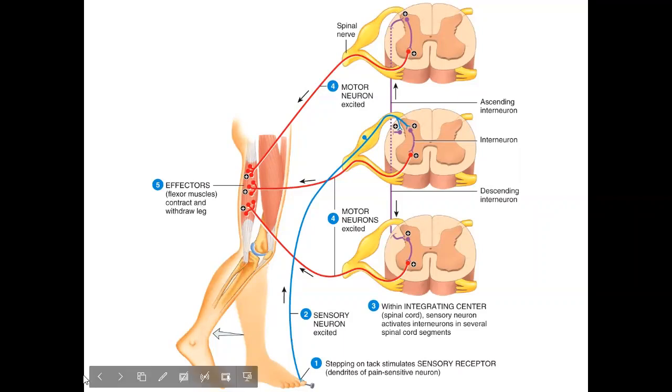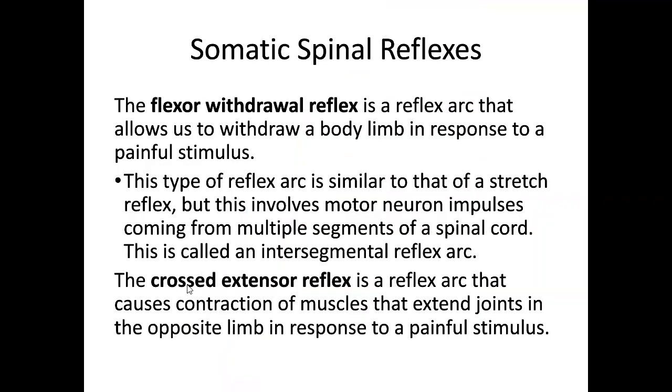Now, while that's occurring maybe with the right leg, we're going to have to do something with the opposite side. In the case of the right leg, it'd be the left leg, so that when we pull our leg away from that tack, we can then shift our body weight to the other side. And that's what we call the cross extensor reflex.